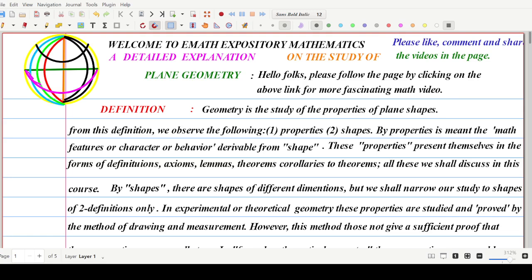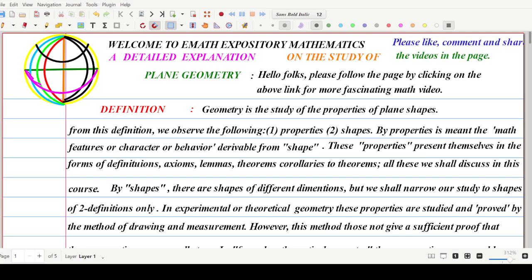Now from this definition, we observe the following terms. The first one here is properties. The second is shapes. Now let's elaborate on the first. When we say properties, by property is meant the mathematical features or characteristics or behavior derivable from shape.